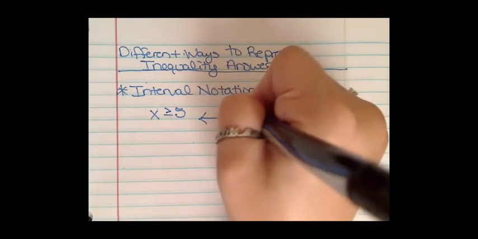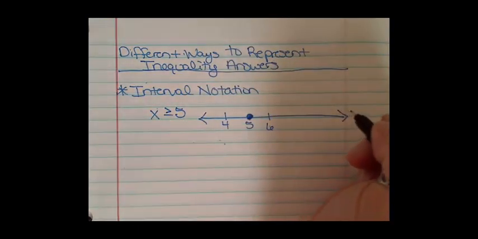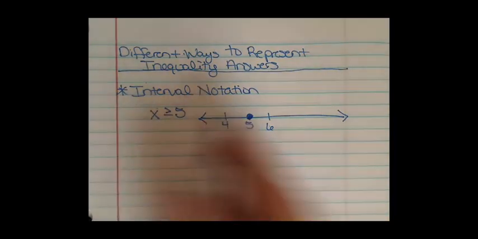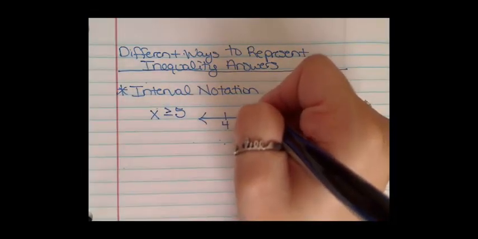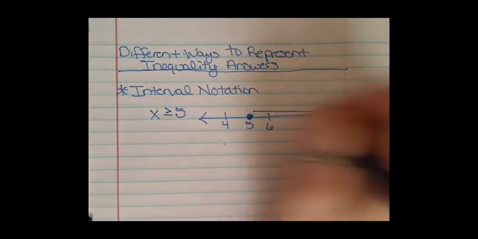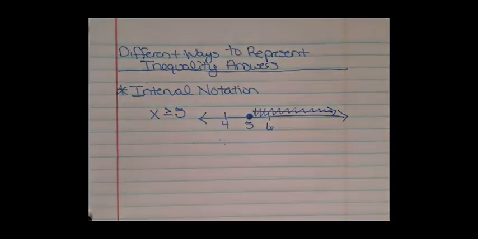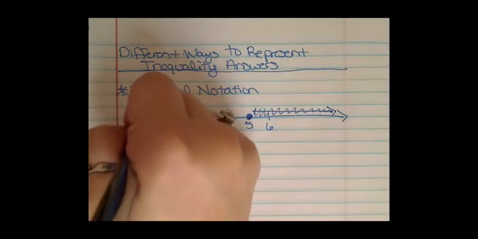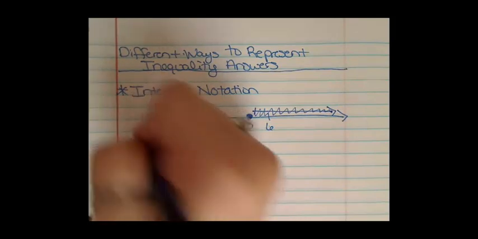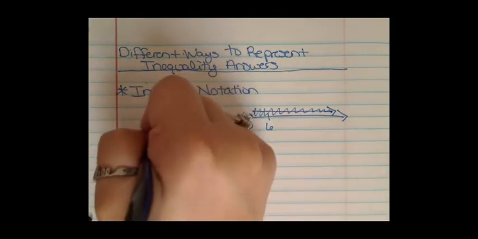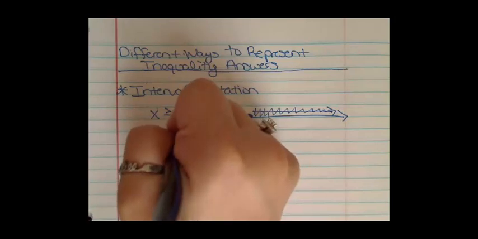And then x is bigger than that, so that means it's going to be everything to the right. It's going to be shaded in. So that means that we would have a closed bracket, a 5, and then it's going to go off to infinity. This is called interval notation.